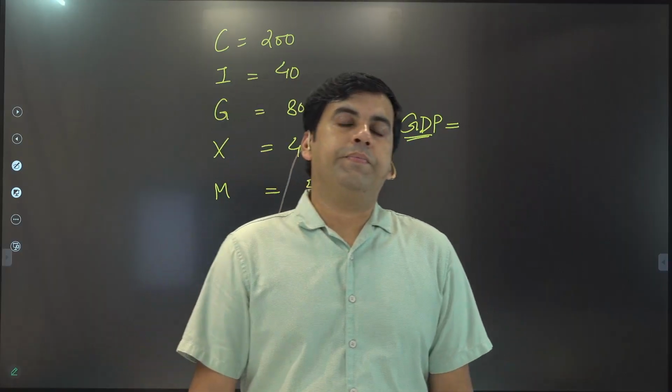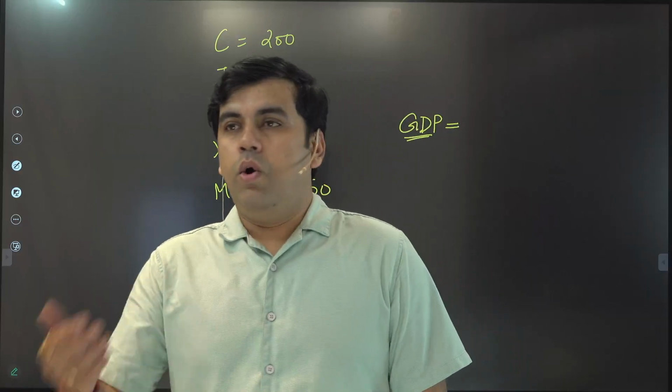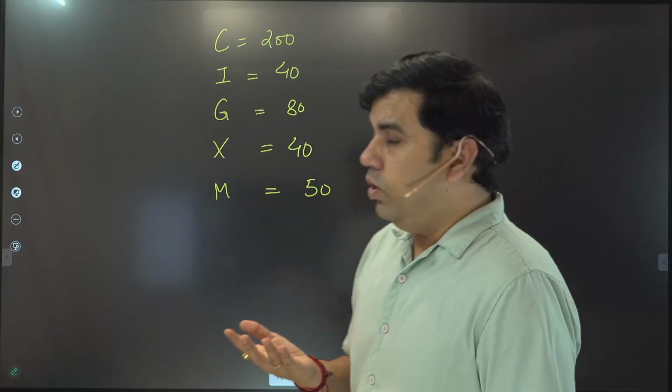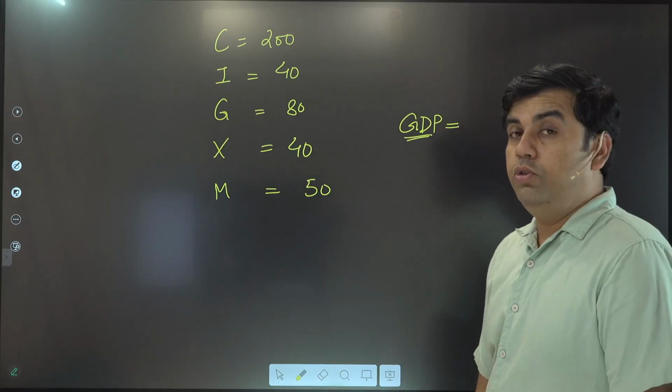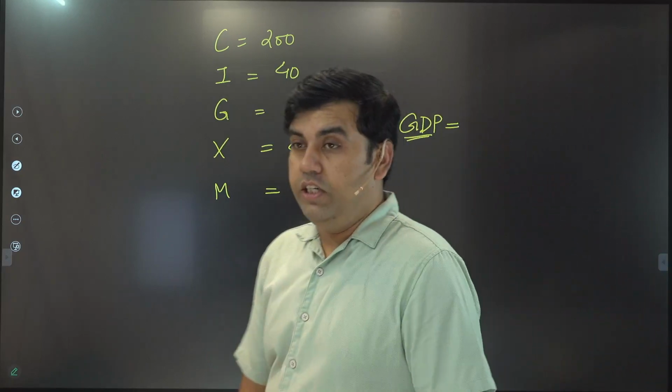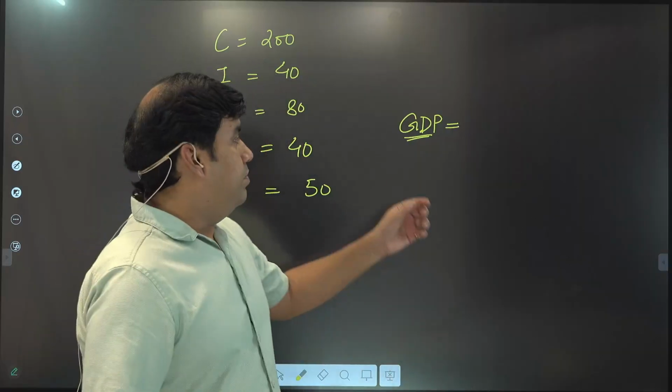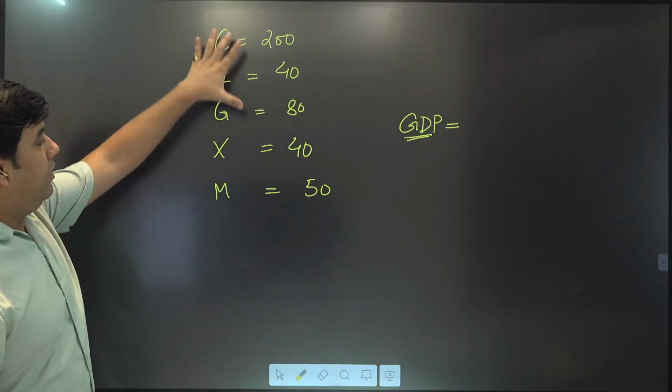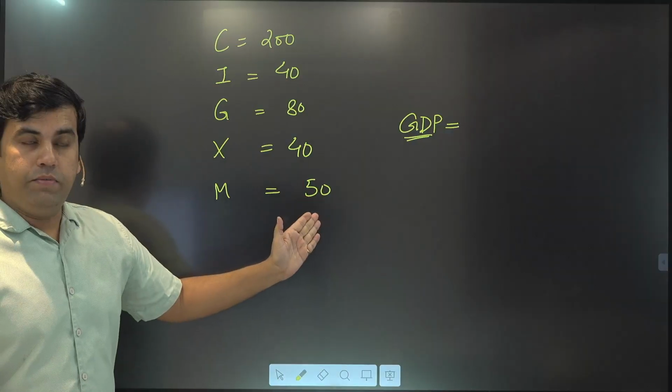I'm pretty sure they will never ask this kind of question, but you should understand how to calculate the basic GDP. In this calculation, I add the first four and subtract the last one.